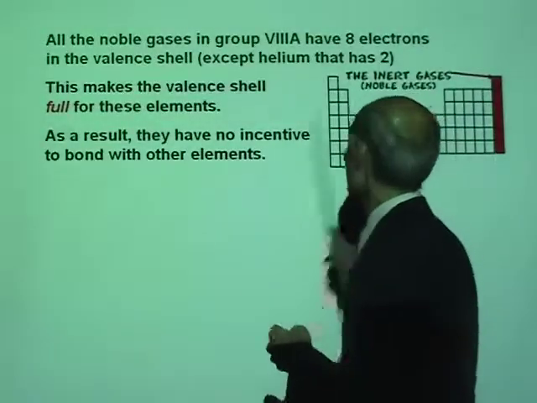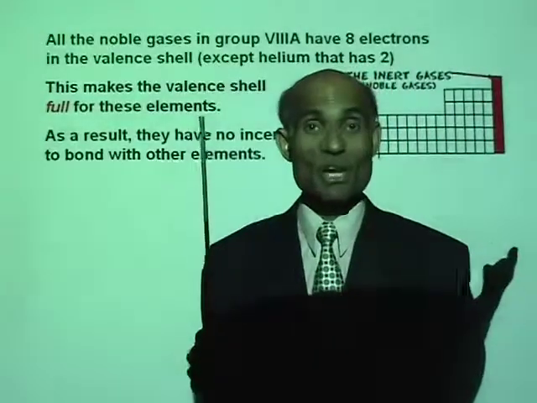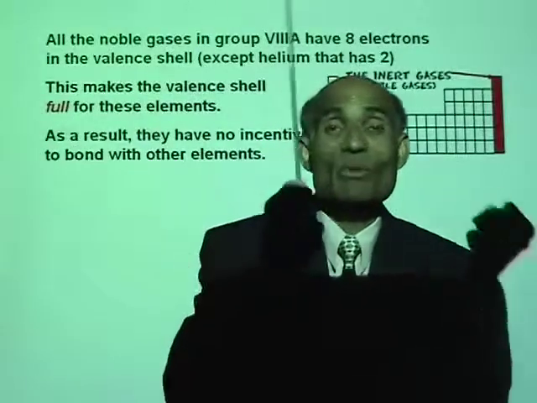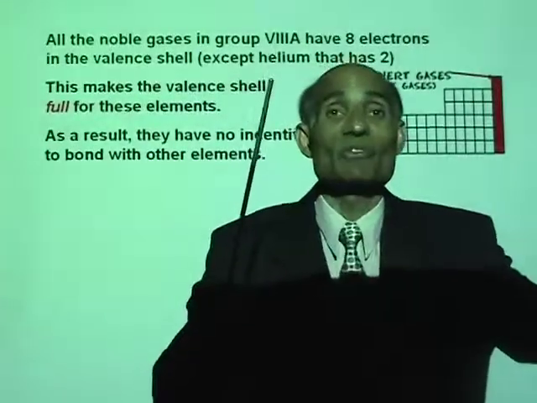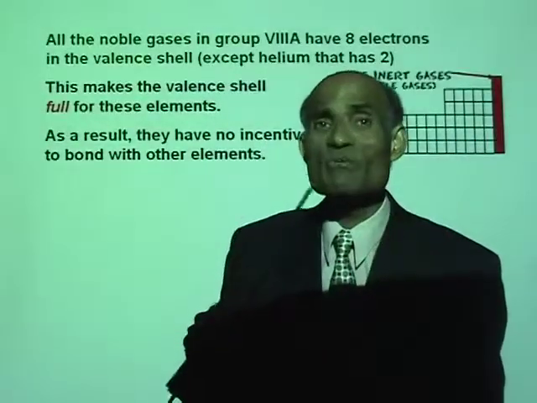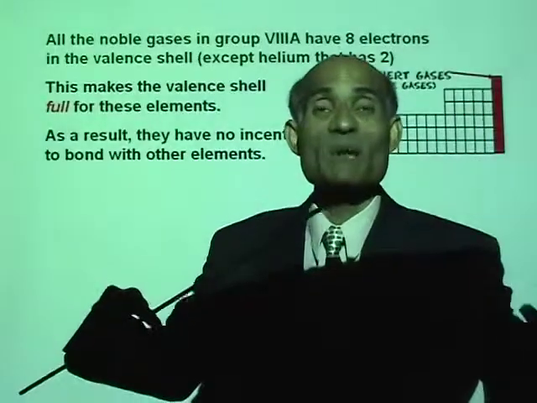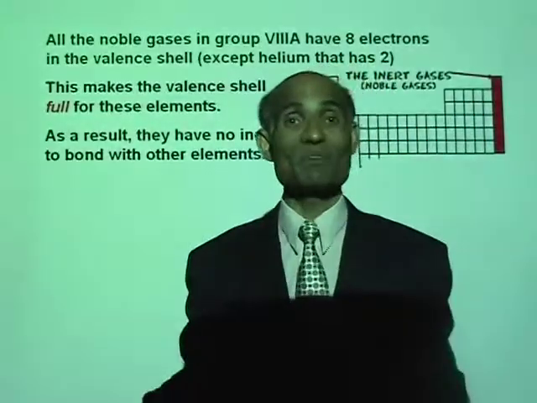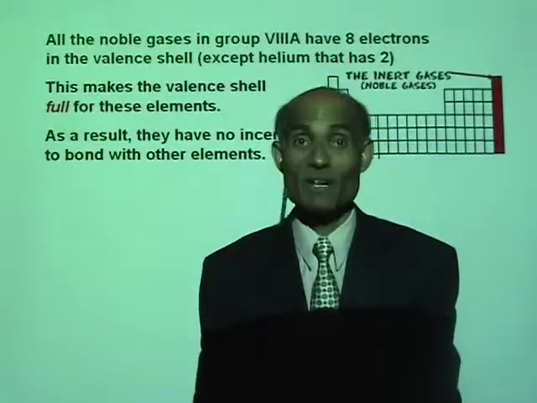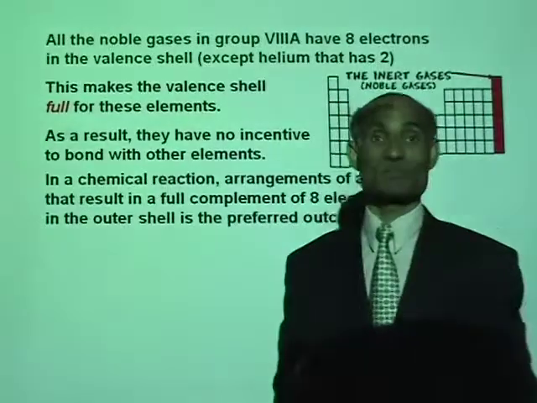Since these noble gases have already got 8 electrons in the outer shell, they have no incentive to make any arrangement with other elements. That means these noble gases are chemically very inactive. They will not enter into chemical combination with other elements. They are satisfied on their own, right? I told you that's the reason why they are called noble elements.